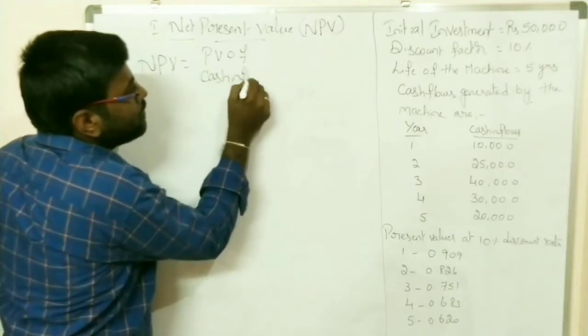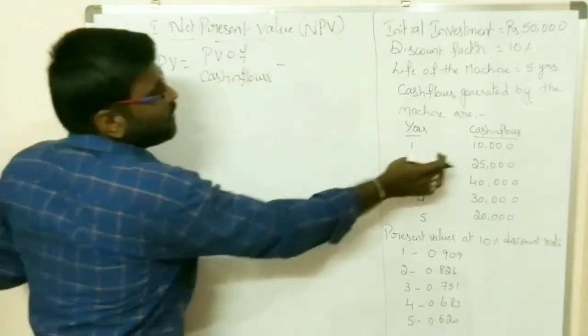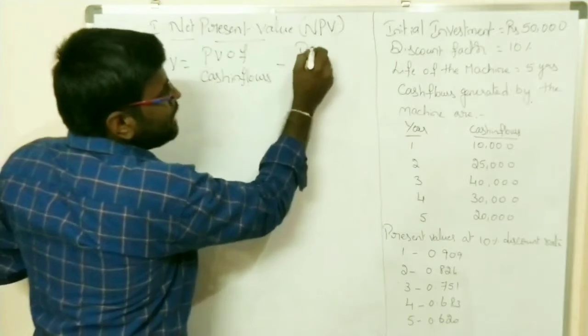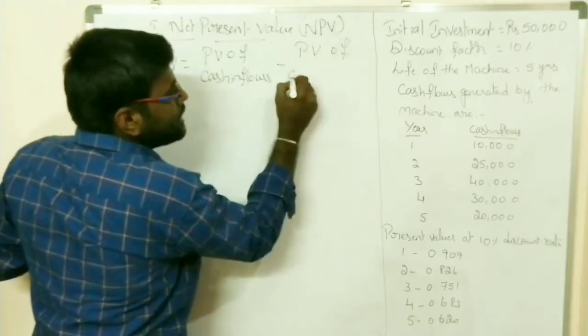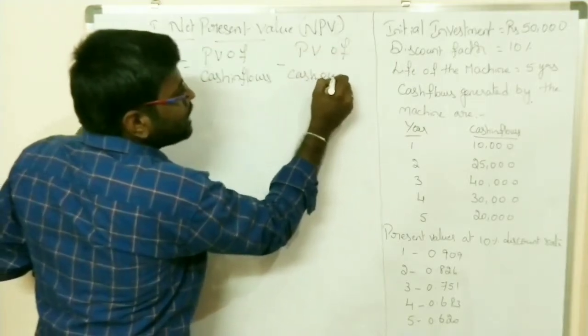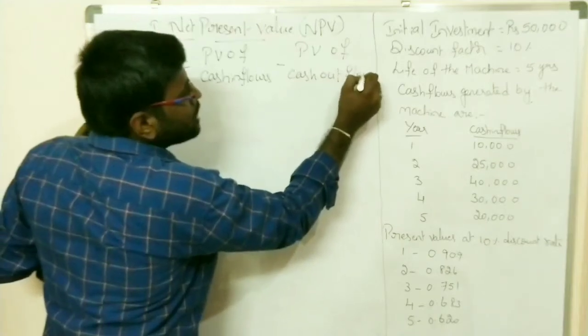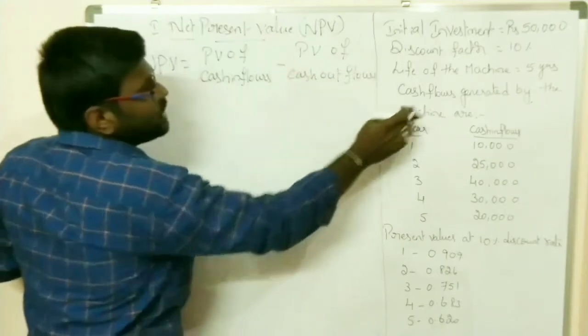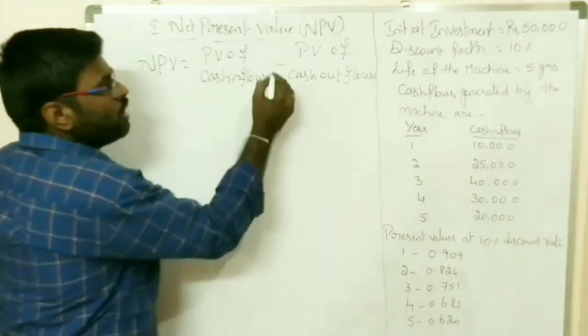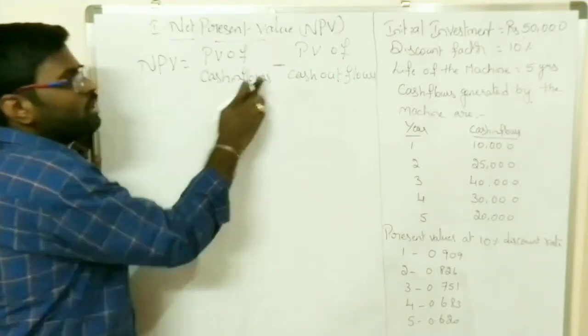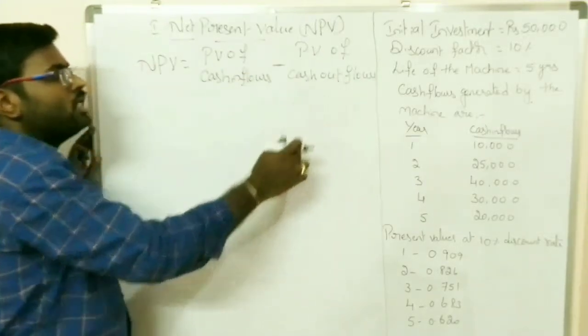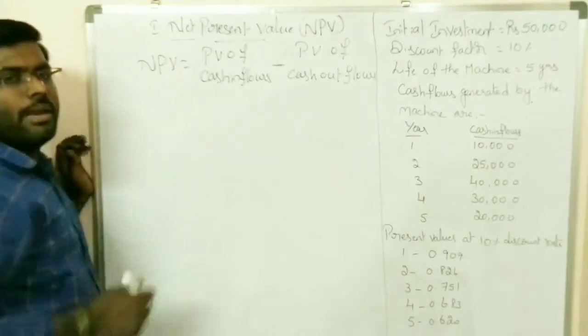Cash inflows are nothing but the annual inflows whatever we are getting. Cash outflows are nothing but the initial investment we are making. So present value of cash inflows minus present value of cash outflows will give you the value of NPV.